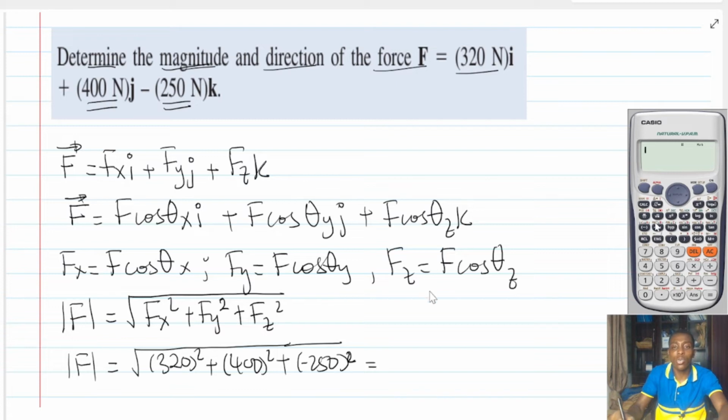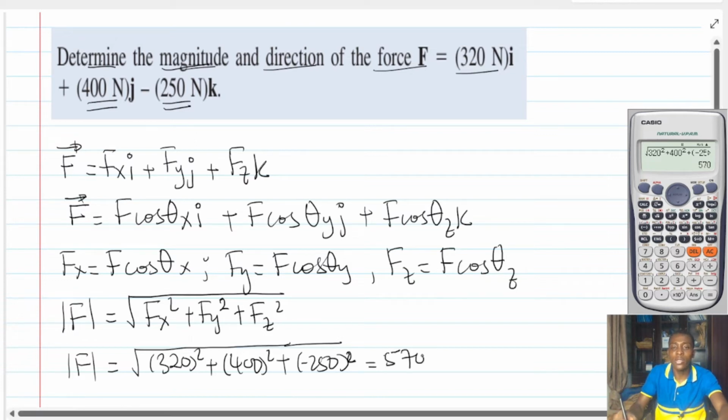That is the square root of 320 squared plus 400 squared plus minus 250 squared. All right, that is 570. So the magnitude of this force is 570 newtons.